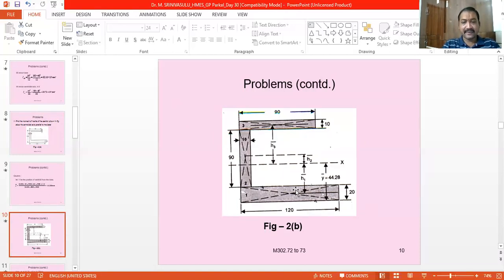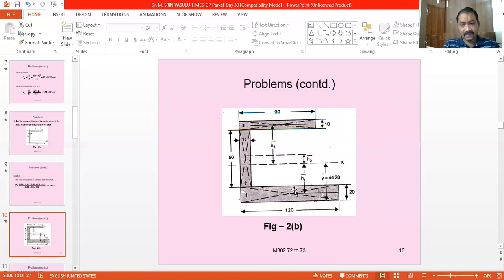Rectangle 1 has a width of 120 mm and depth of 20 millimeters, rectangle 3, the top flange, has a width of 90 millimeters and depth of 10 millimeters, and the web is a vertical rectangle having a depth of 90 millimeters and thickness of 10 millimeters. In this way we have divided the given channel section into three rectangles.